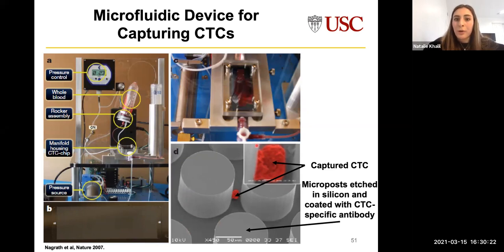So as blood flows through the device, circulating tumor cells will hit these microposts and bond to them because they have antibodies that target CTCs. And so you can sort of pass this entire volume of blood through the microfluidic device. And on the chip, you'll be left with the population of circulating tumor cells.